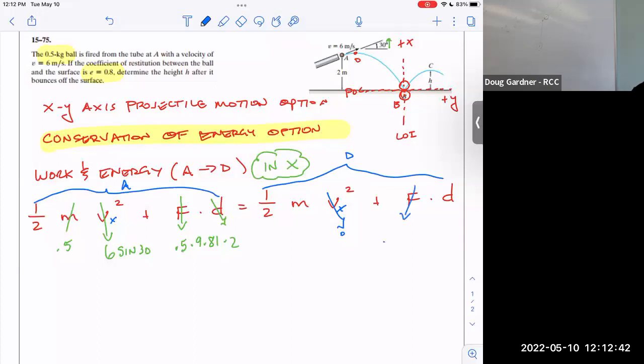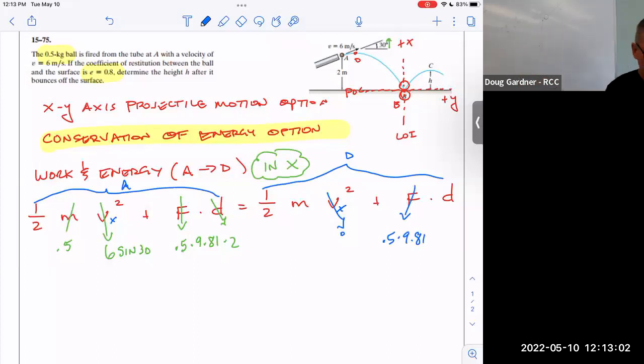And then my force hasn't changed. Force is still gravity, so it's 0.5 times 9.81. But the distance is the one thing I don't know. Like how high off the ground is that? Does that make sense? Can we assume it's 2 plus the portion of X? Yeah, it's basically going to be 2 plus a little bit. So I like this equation because it's only got one unknown.